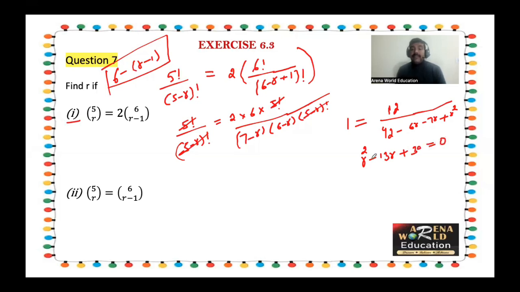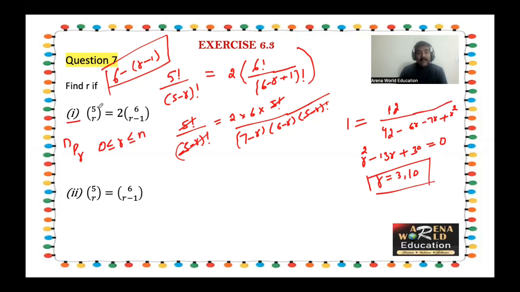And if we factorize this one, this will be minus 10r minus 3r. So directly I'm writing r equal to 3 and 10, right? But the most important part we have discussed in case of nPr, what is the condition for r? r can be 0 and the maximum value of r will be n, right?